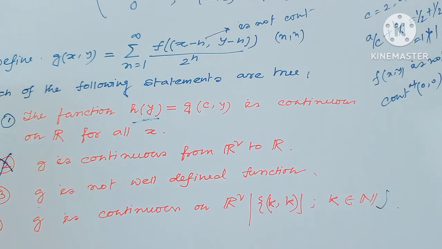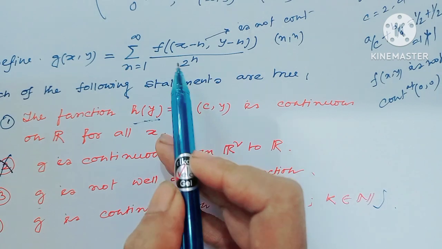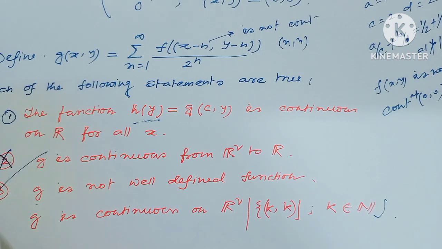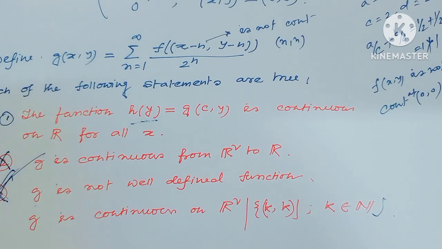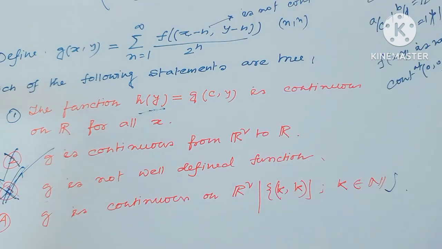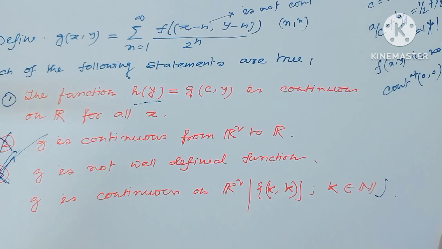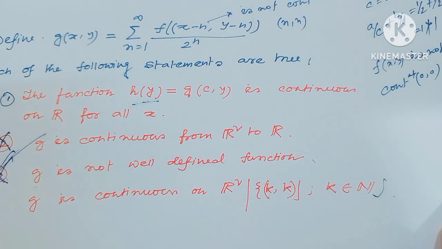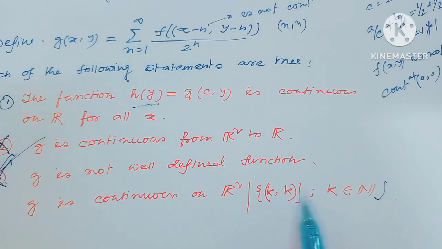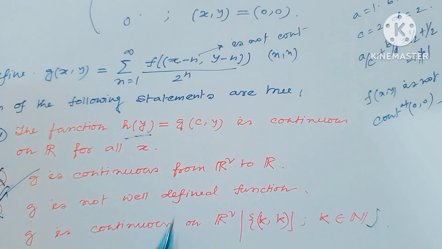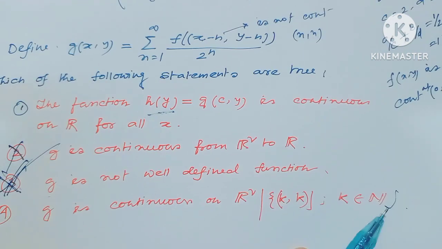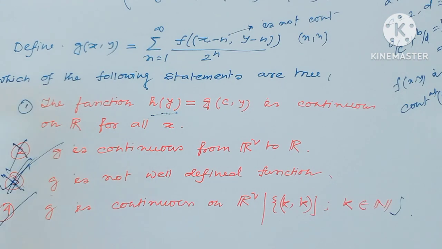Option 3, g is not a well defined function: obviously this function is well defined, so option 3 is also wrong. And option 4 indicates g is continuous on R2 omitting the set containing (k,k) where k belongs to natural numbers. This is the right option, because at the point (k,k) the value is 0; when omitting (k,k), the function is obviously continuous. So option 4 is a right option.